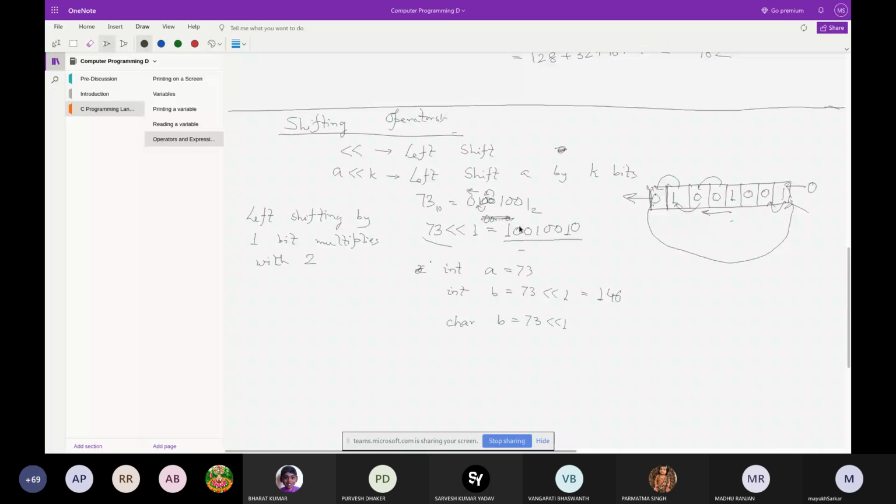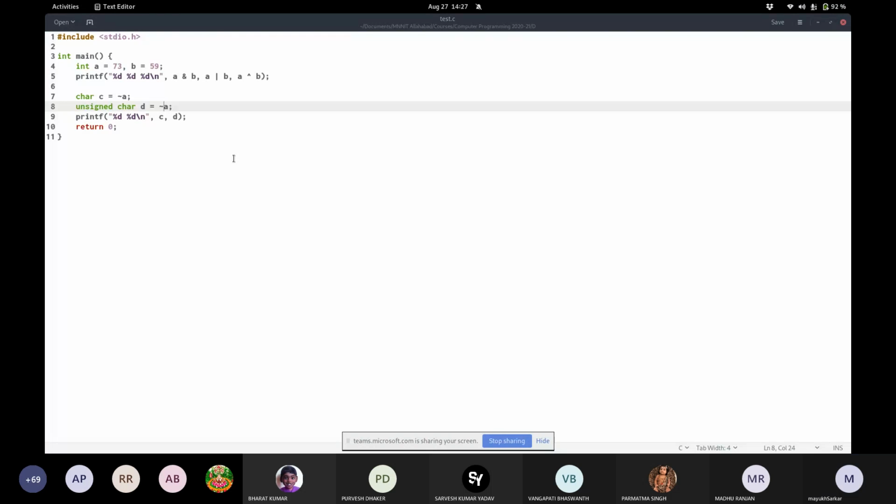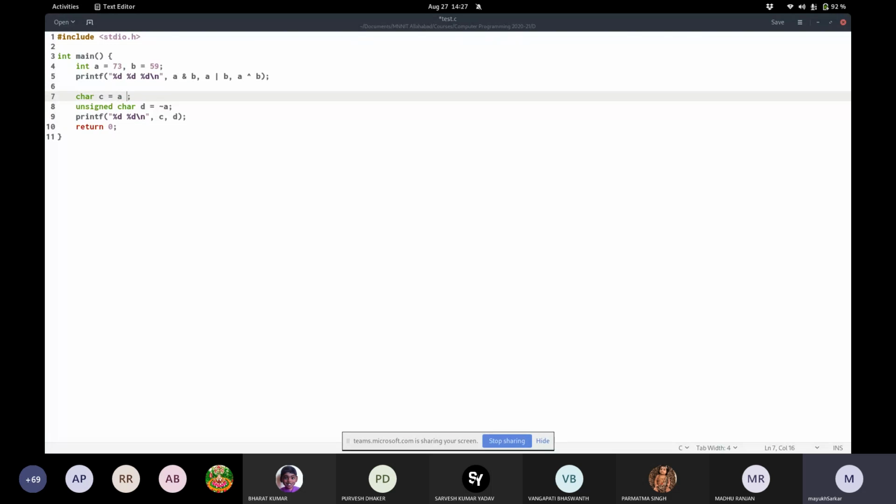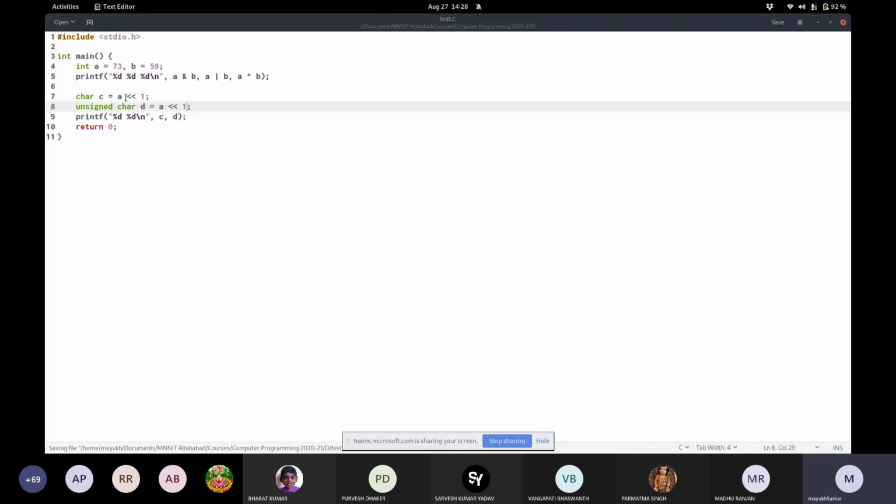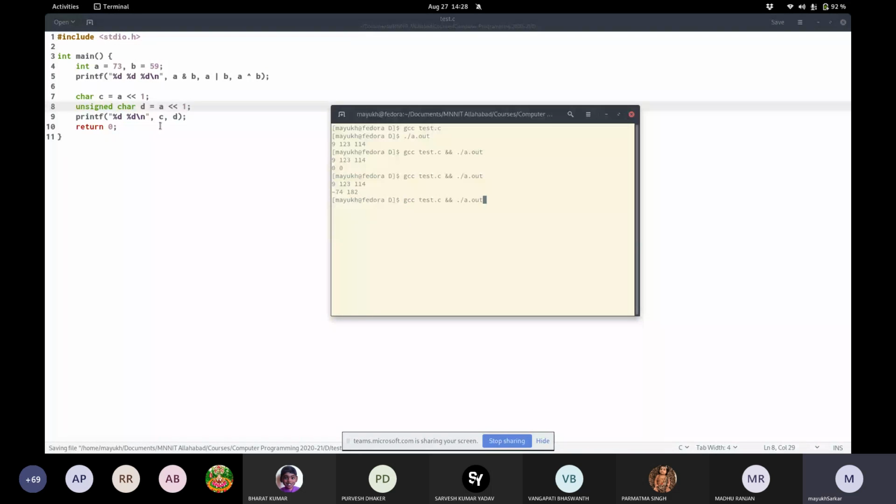Let me show that. Suppose it's character C, and I'm going to shift it left by a single bit, and unsigned char A is also being shifted by 1 bit. Execute this, and you can see that the first one has become minus 110.